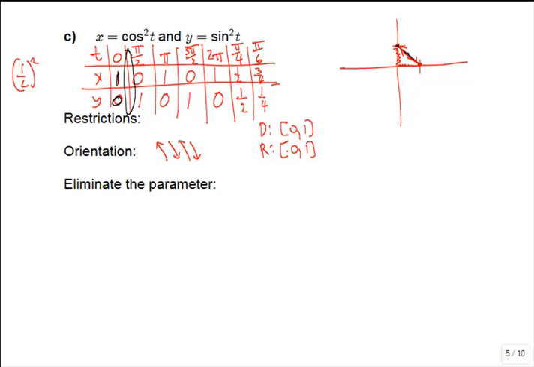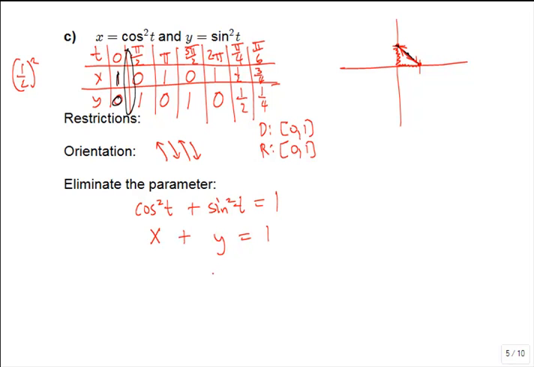Now let's eliminate our parameter. In order to do this, you want to notice that x is cosine squared and y is sine squared. And we know that cosine squared t plus sine squared t is that Pythagorean identity, so that has to equal 1. And cosine squared is just x, and sine squared is just y.